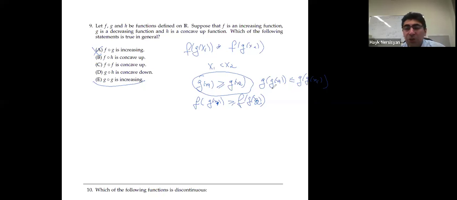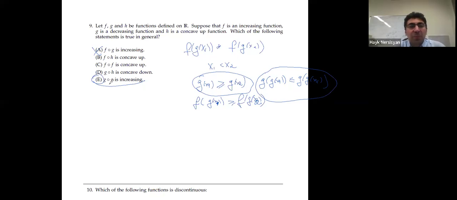Why so? Because if the argument is smaller, then the value is greater, because the function is decreasing. And this means that our function is increasing, because x2 greater than x1 implies G(G(x2)) is greater than G(G(x1)). Hence, increasing is the correct answer.